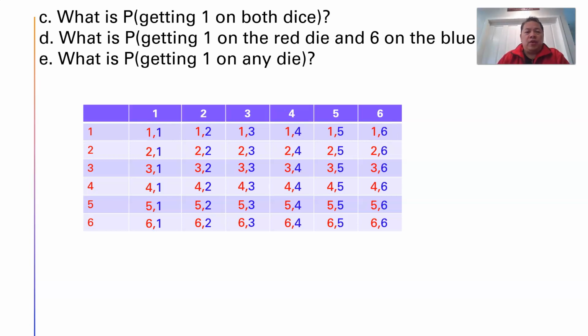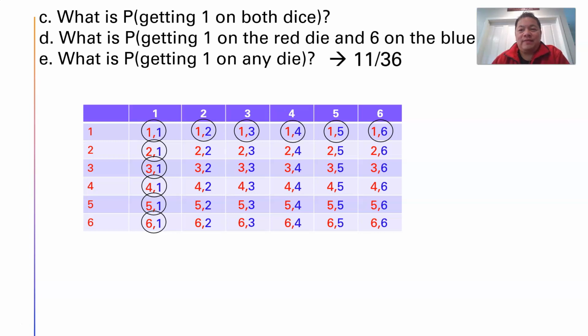Okay. Moving on. What about getting a 1 on any die? So you can actually have all these outcomes, isn't it? 1 on any die will include 1 on both dice. So if you count, there are actually 11 possibilities out of the 36.